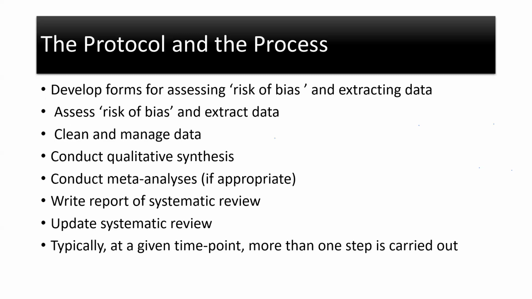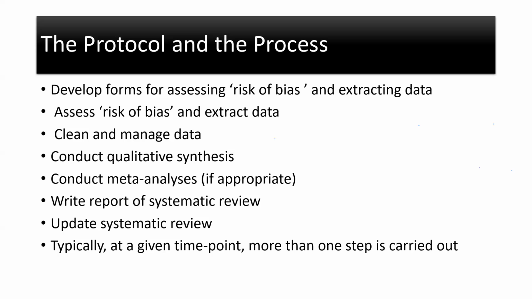So developing the forms for assessing risk of bias and extracting data, then assessing the risk of bias, and cleaning, managing, conducting qualitative synthesis, conducting meta-analysis if required or appropriate. Then you write the report and then update the systematic review.